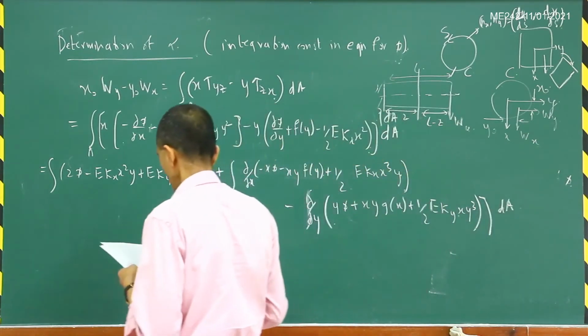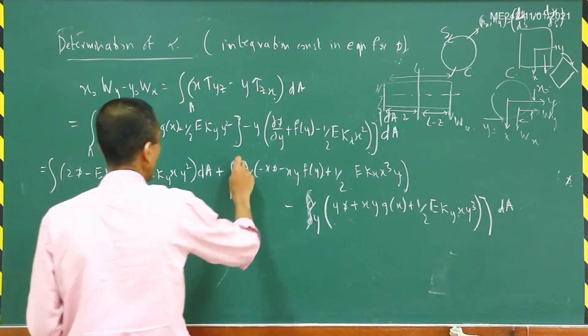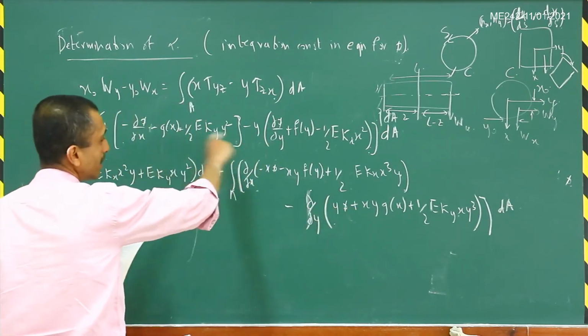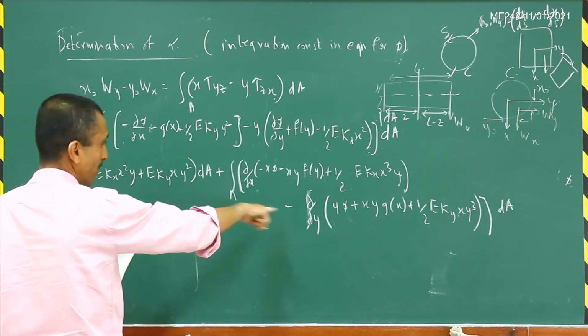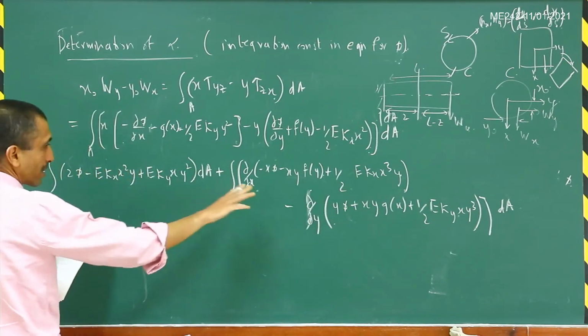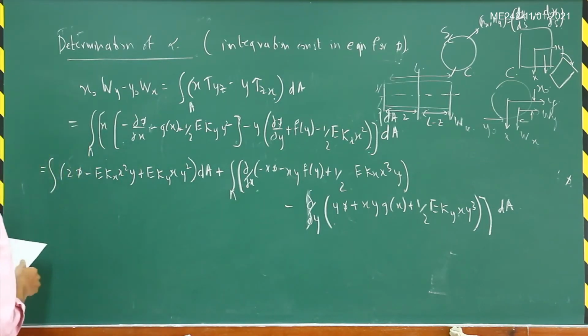Basically we are just rearranging certain terms. This is some manipulation that we are doing in order to get a simplified expression for this whole thing here.